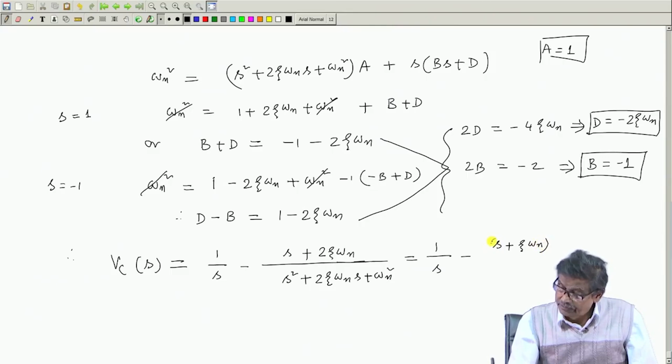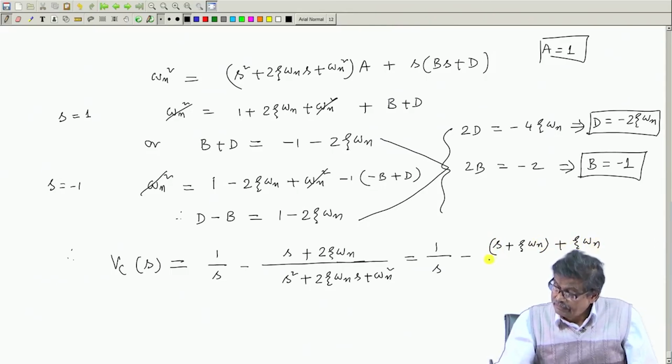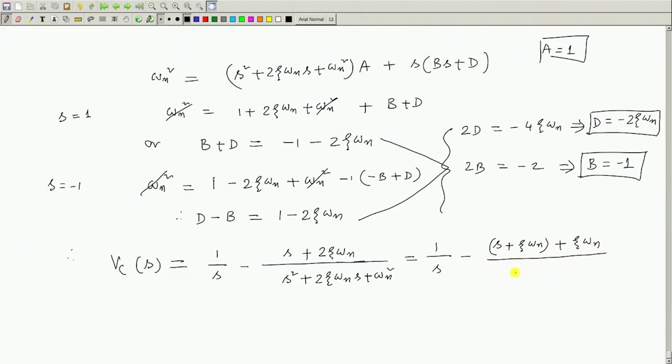Now, you see what I am doing, plus zeta omega n and divided by this one is s plus zeta omega n whole square plus omega n square into 1 minus zeta square. This is the thing, and VCS will be equal to 1 over s minus, you now separate these two things.